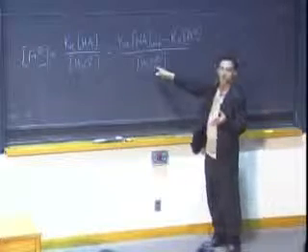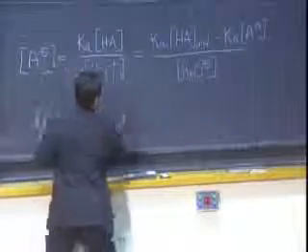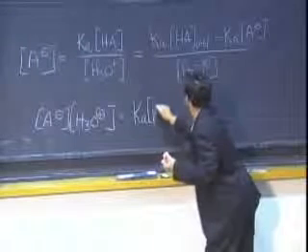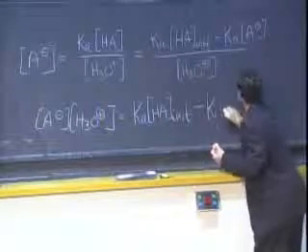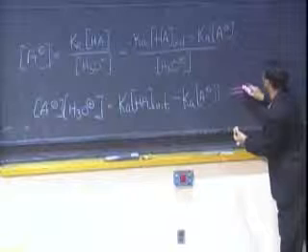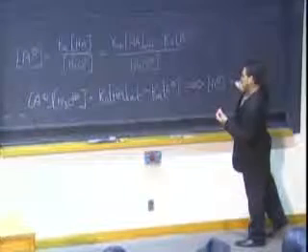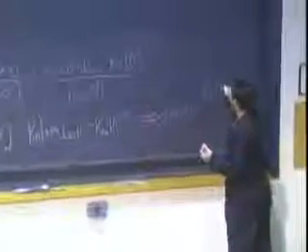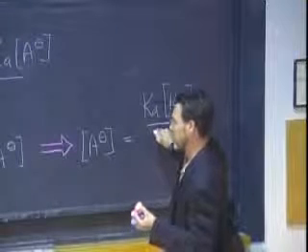I'm going to multiply through by H3O plus so that I can write A minus times H3O plus is equal to Ka times HA initial minus Ka times A minus, and hopefully I've done that right, and if so, I'll be able to say that A minus is going to be equal to Ka times HA initial all over H3O plus.